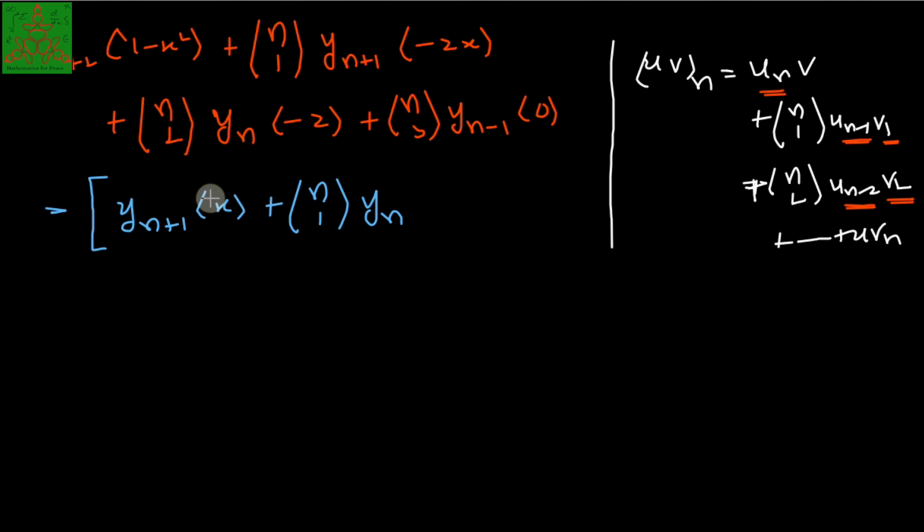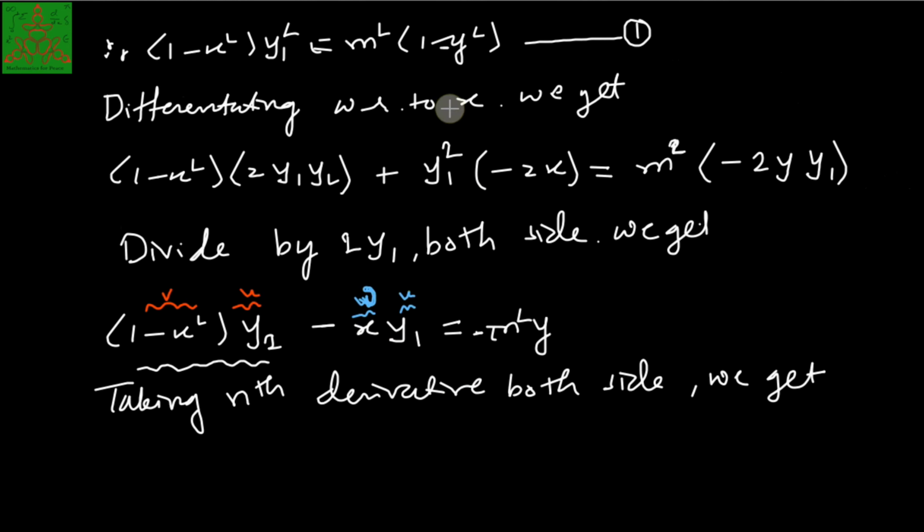The derivative of x gives you 1. In the next term, it is nC2, y(n-1), and the derivative of 1 will be 0. So all further terms will be 0. So this is the nth derivative of this term.